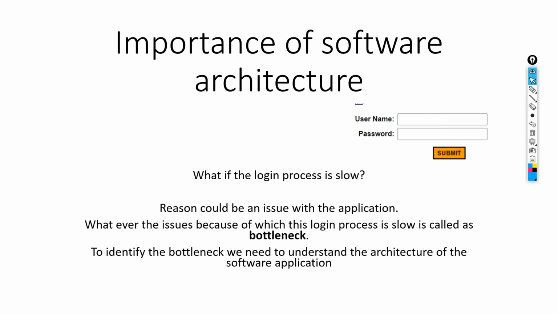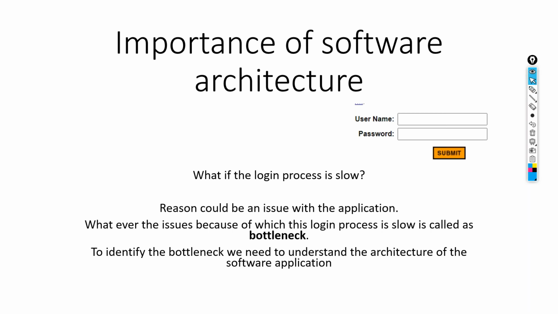So here the reason we are discussing, the time taken for the login to happen is 1 or 2 minutes. The reason could be an issue with the application, but we don't know where exactly the issue is. So in order to identify the bottleneck, we need to understand the architecture of the software application. We simply cannot say that login is taking this much time.